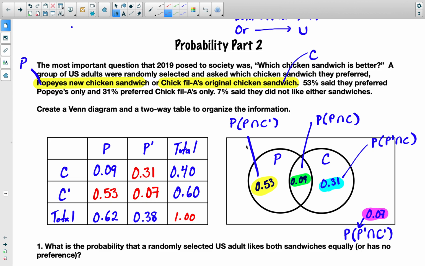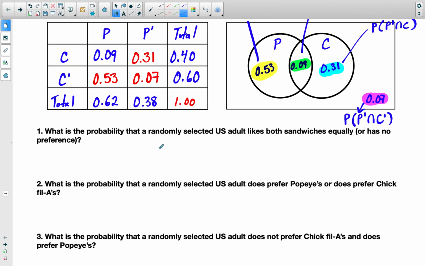So let's dig in a little bit and solve some problems. Okay, what is the probability that a randomly selected U.S. adult likes both sandwiches equally or has no preference? So I'm going to write that with notation first. So that would be the probability of Popeyes and Chick-fil-A. Now, this is a joint frequency. I can pull this right from my table. Sorry about that.